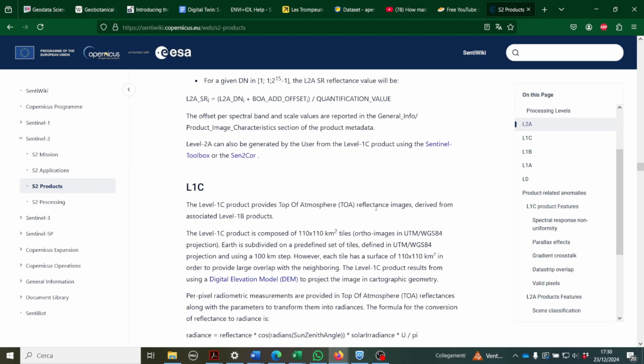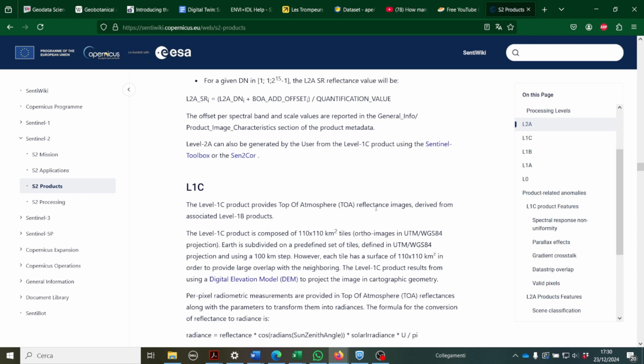So the top of the atmosphere is the radiance coming from the ground, but also what is scattered or reflected by the atmosphere. So we can get this couple of data.